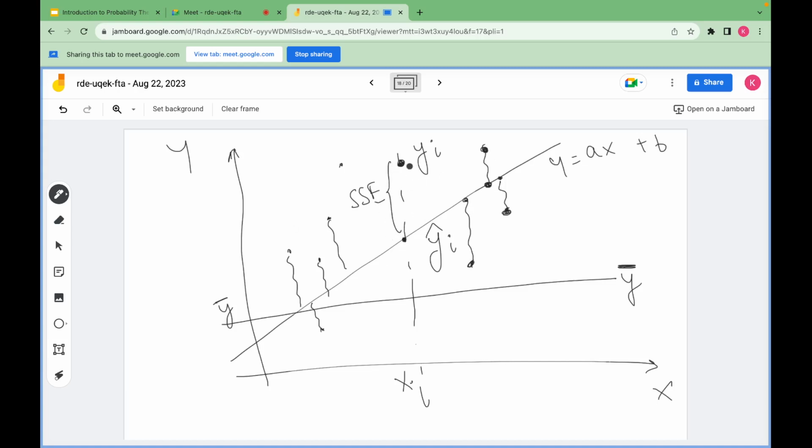The SST was this yi minus this y bar. I am removing all these values so you can understand this.